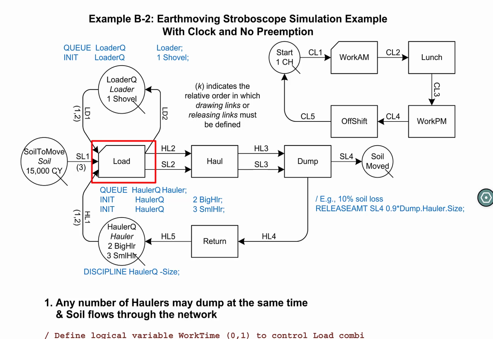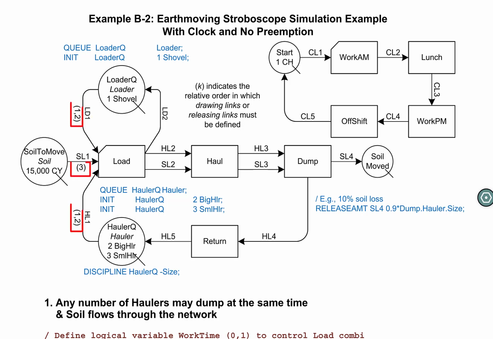to create an instance. After an instance is created, activity load will have to start a drawing process through the three incoming links. The order in which the three links LD1, SL1, and HL1 are defined is very important at this point.